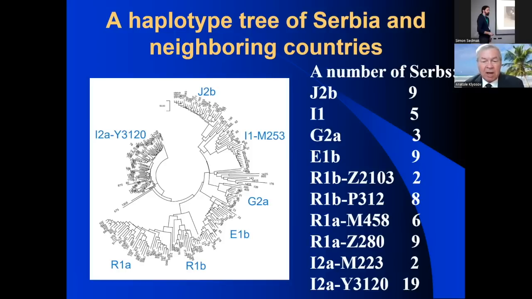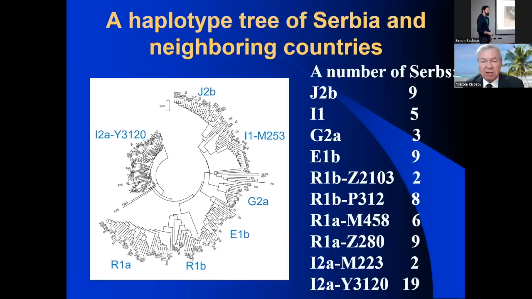And I2A M223 is only 2 individuals because it's a Western group. M223 is mainly observed in Central Europe and Western Europe, not in Serbia too much.